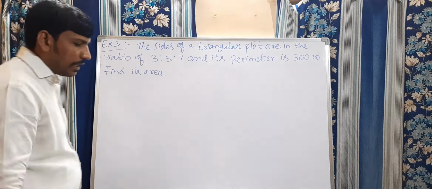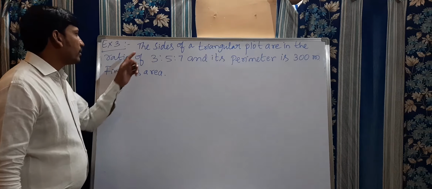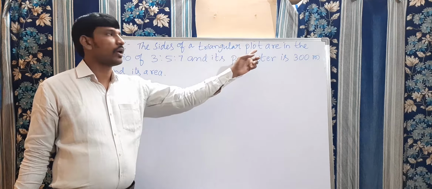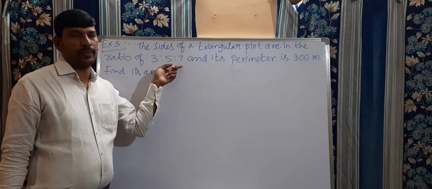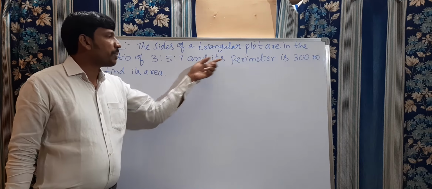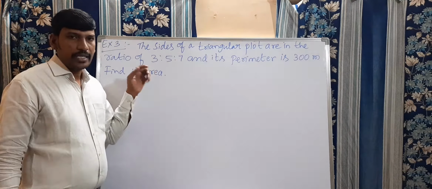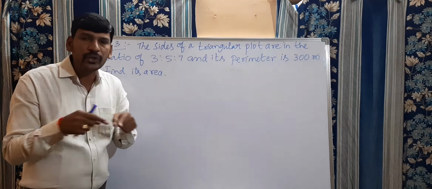Now, children, let us discuss one more example. That is example 3. The sides of a triangular plot are in the ratio of 3:5:7, and its perimeter is 300 meters. Find its area. See this here, observe the question here. The given sides are in a ratio.